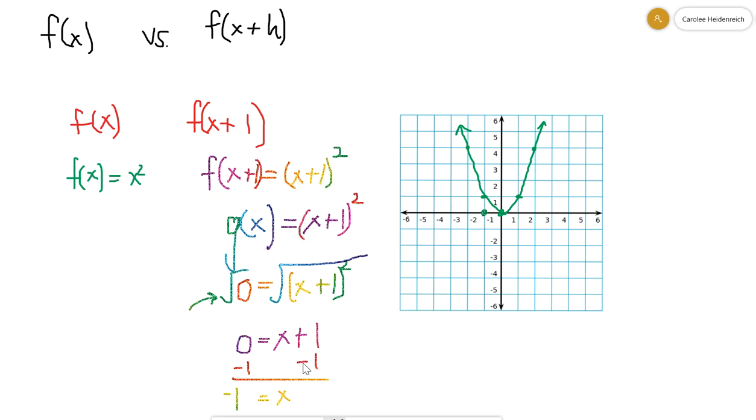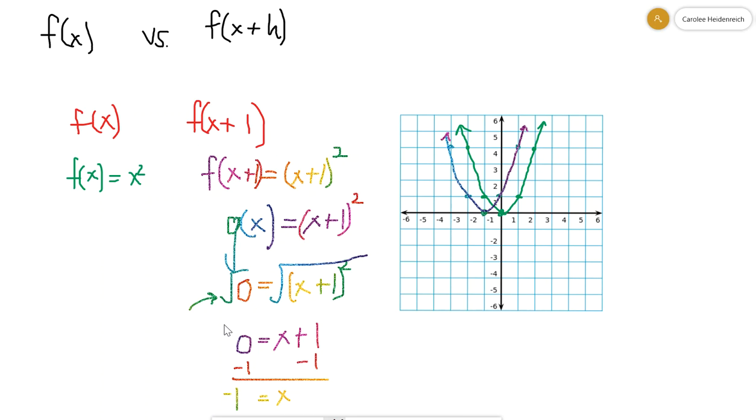That's why we end up doing the opposite of what we see inside the function with x. It all has to do with solving the function, setting it equal to 0, or getting the x by itself. The same thing will happen with all the other points. They will all move to the left 1. So our new function will be over here.